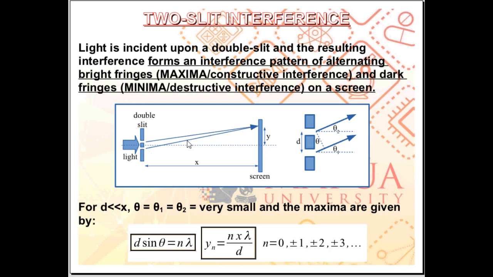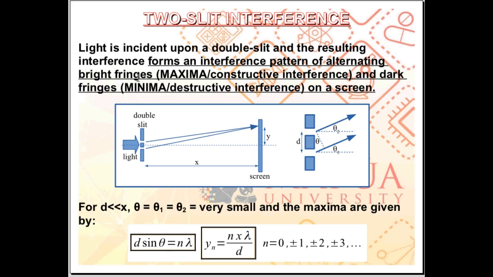you will have two light waves that are overlapping at points on the screen. So you have superposition of the two light waves on the screen. You would have interference of the waves on the screen, points on the screen rather. The resulting interference will form an interference pattern of alternating bright fringes and dark fringes.